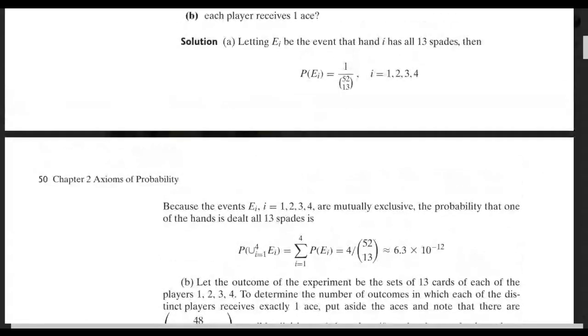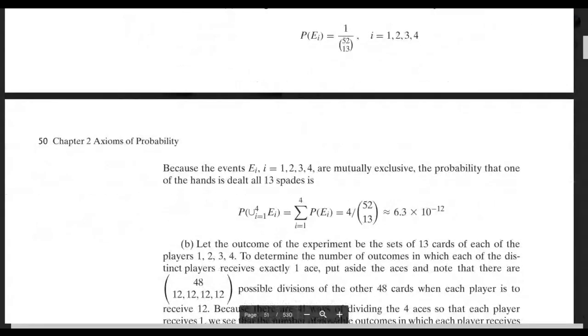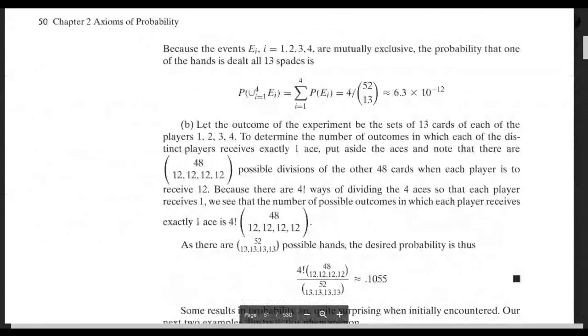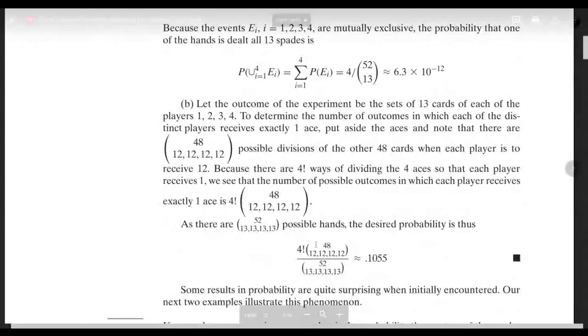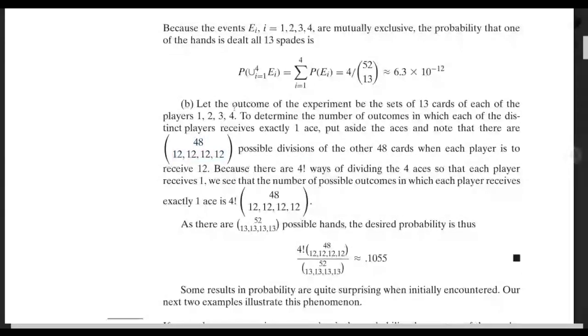Let's see B. Each player receives 1 ace. So here we use the multinomial. Let the outcome of the experiment be the set of 13 cards of each of the players 1, 2, 3, 4, to determine the number of outcomes where each of the distinct players receives exactly 1 ace.